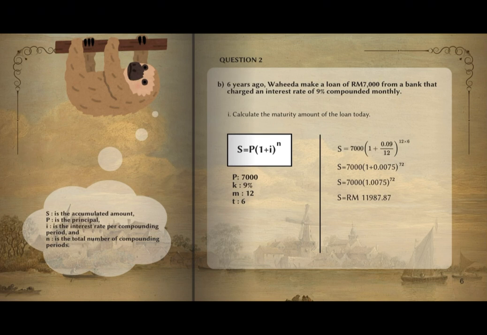Substituting this into the formula, we get 7,000 ringgit multiplied by (1 plus 0.09 divided by 12) raised to the power of 72. After performing the calculation, the maturity amount of the loan today is 11,918 ringgit and 18 cents.